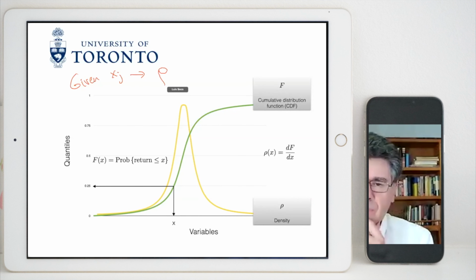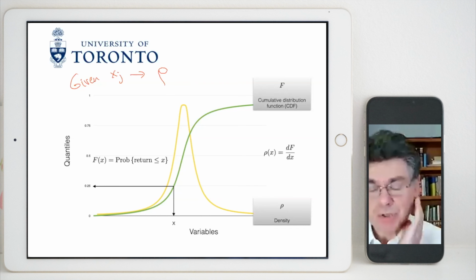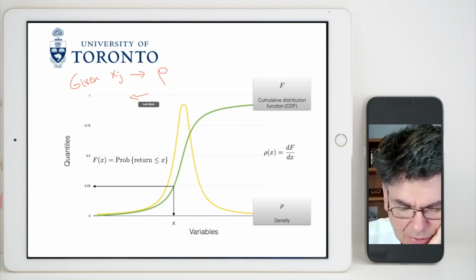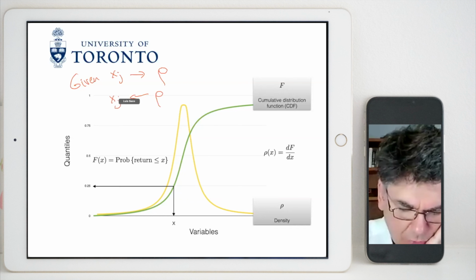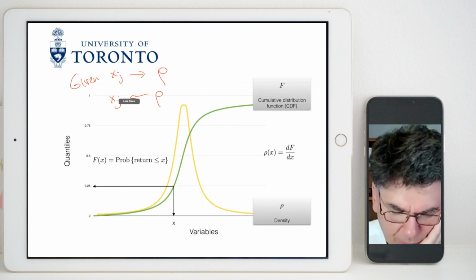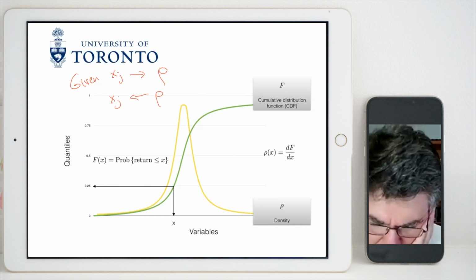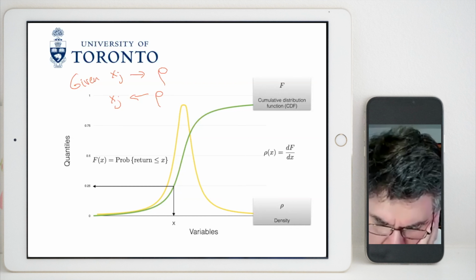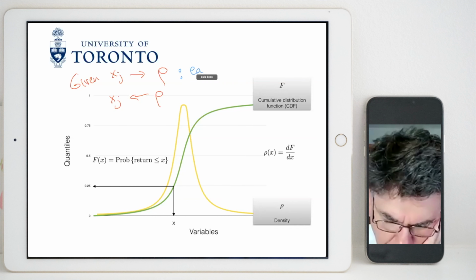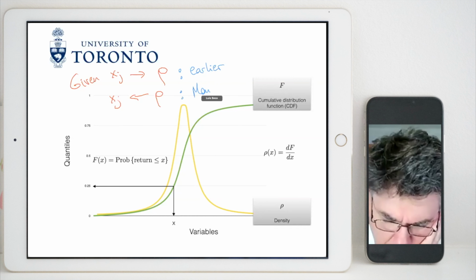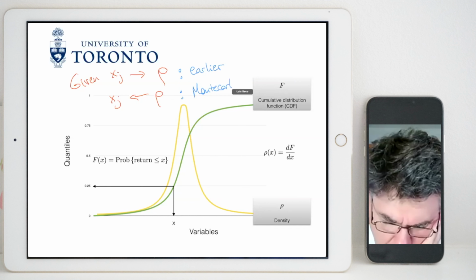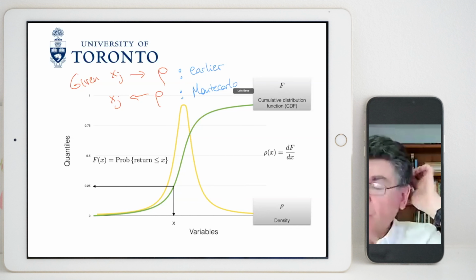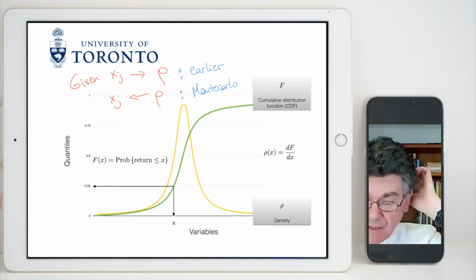And what the Monte Carlo method is going to do is the opposite: from rho, we get the samples. This is what we did earlier, and this is Monte Carlo. So in Monte Carlo, we're going back. The distribution is given, and we're trying to find this.